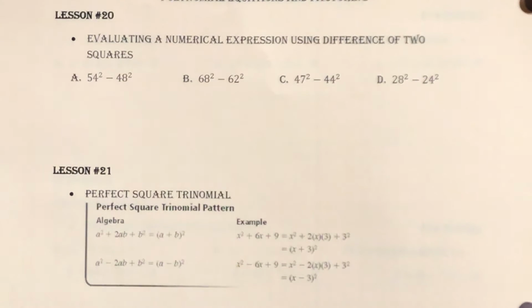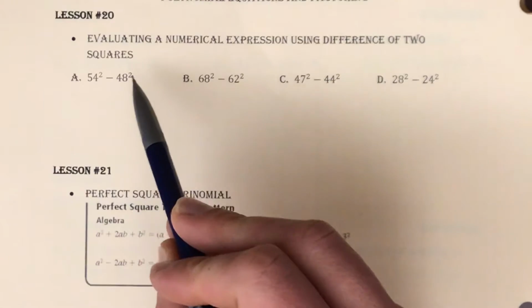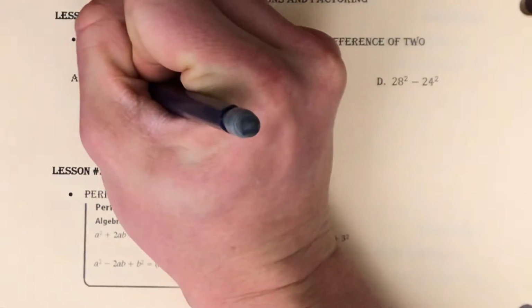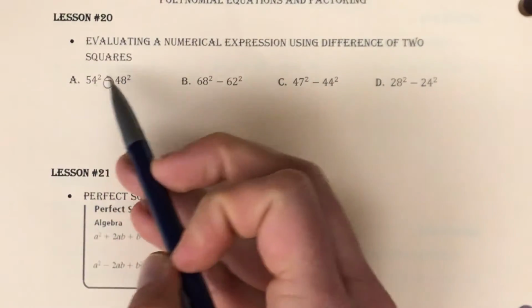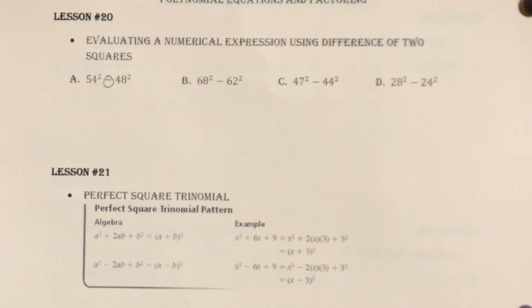So in this case, we use the information that we learned about a difference of two squares, because again, we can identify two terms, a subtraction symbol in between, and both are perfect squares. So we can break these apart into a difference of two squares, so factor them out.